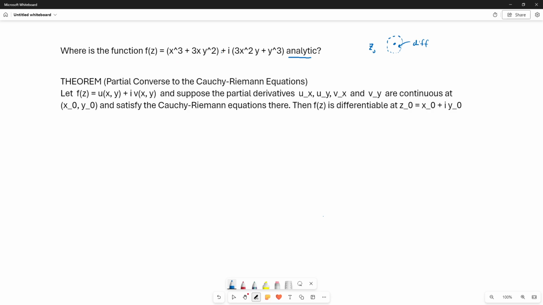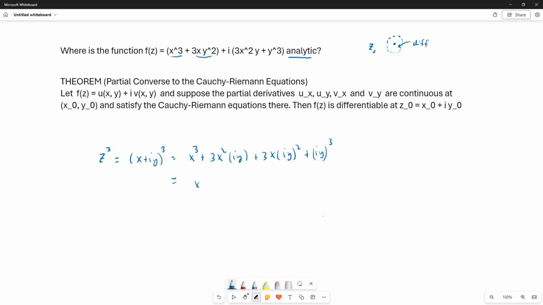Okay, now this function I mentioned, this is third degree. So what about the function z cubed? Is that what we're looking at here? What is z cubed? It is (x plus iy) cubed, which is x cubed plus 3 x squared times iy plus 3x times (iy) squared plus (iy) cubed.